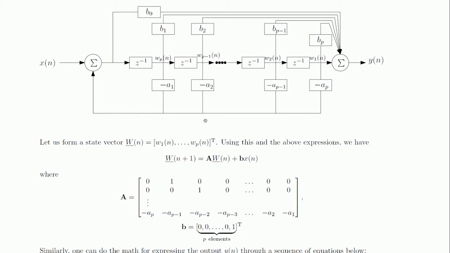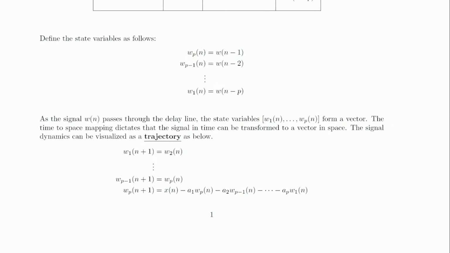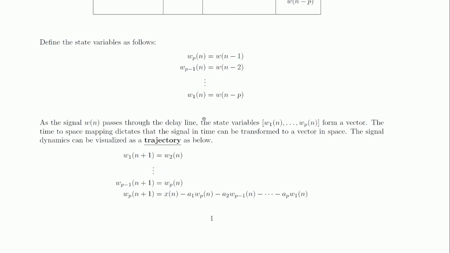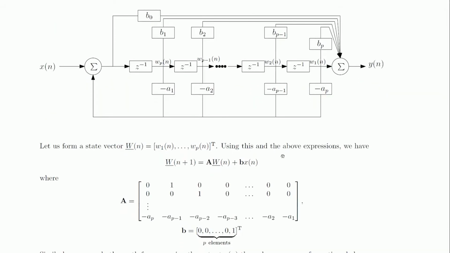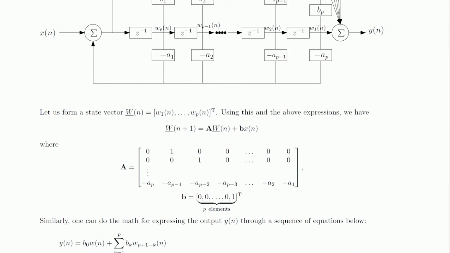Now, using this set of equations that we formulated here, we will try to connect them in the form of a matrix equation. W of n plus 1 is some matrix A times W of n plus some vector B times x of n, where this matrix A has this form, and B is basically all zeros followed by 1, comprising of P elements, a P element vector.